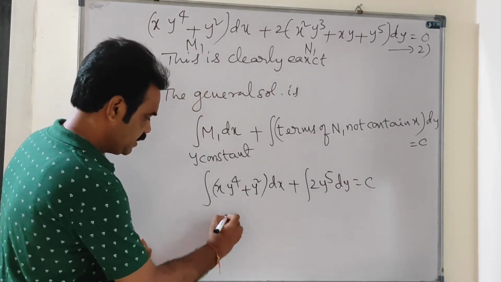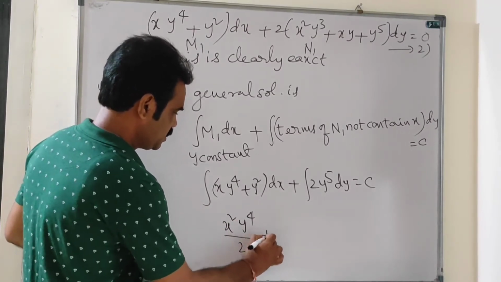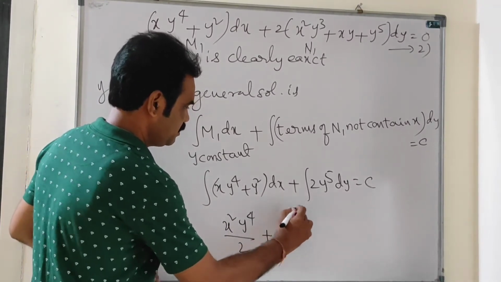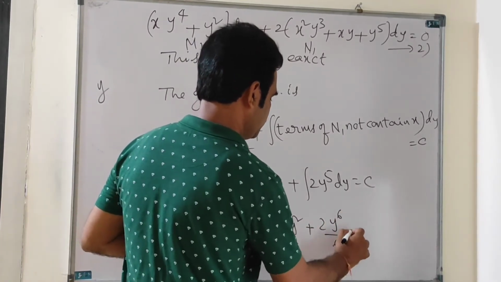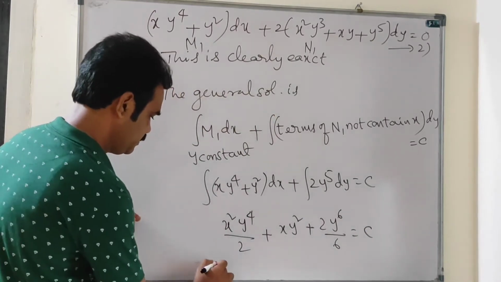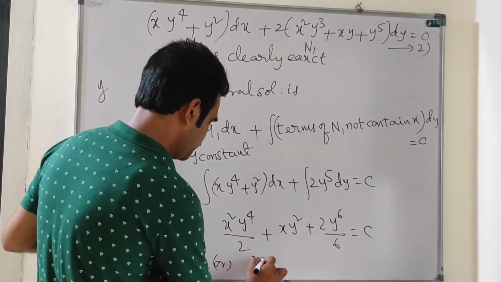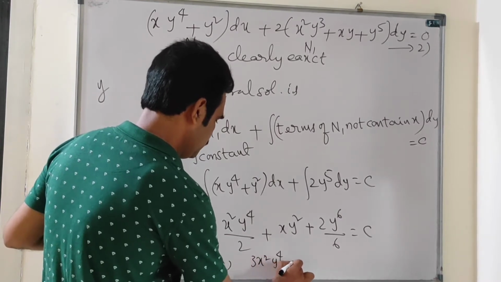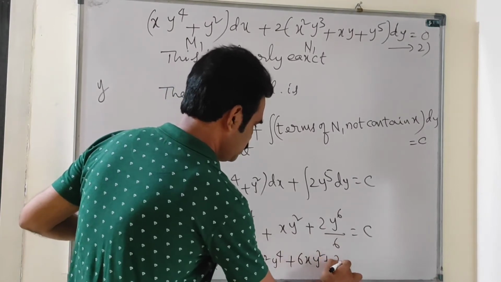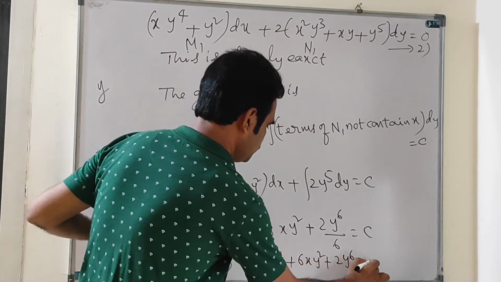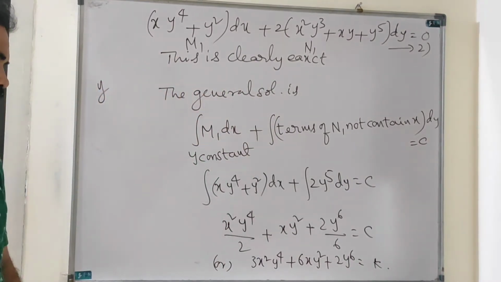Now the integration, treating y constant, gives x square y power 4 by 2 plus xy square plus 2y power 6 by 6 is equal to c, or 3x square y power 4 plus 6xy square plus 2y power 6 is equal to some k. This is the general solution.